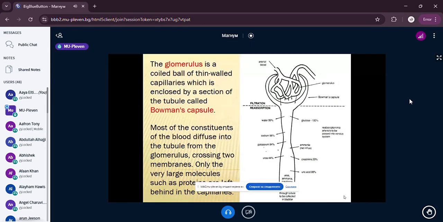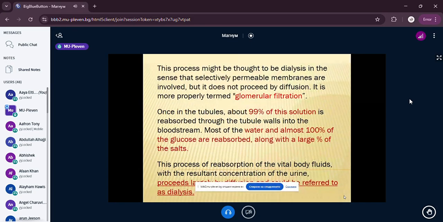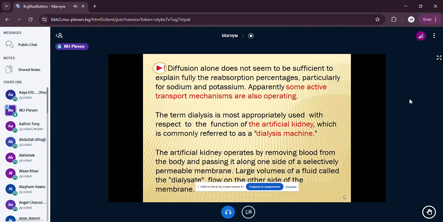That's why I told you that the term dialysis is commonly referred to the artificial kidney or dialysis machine.